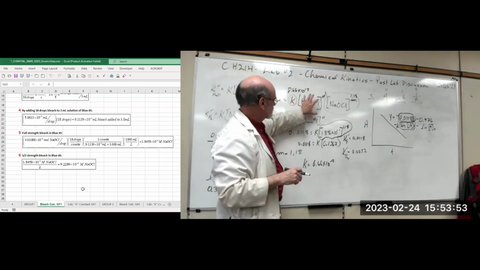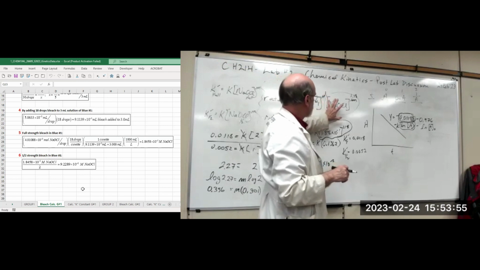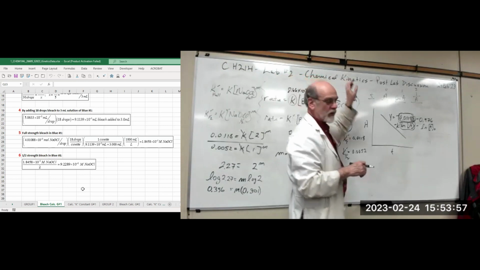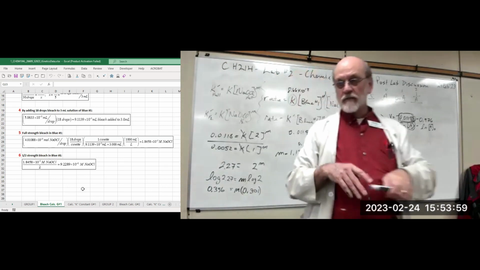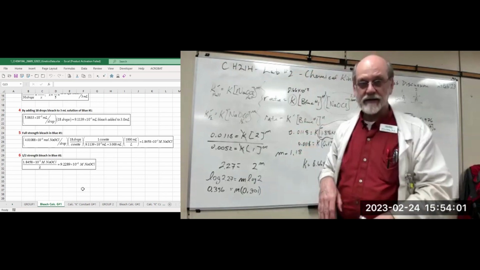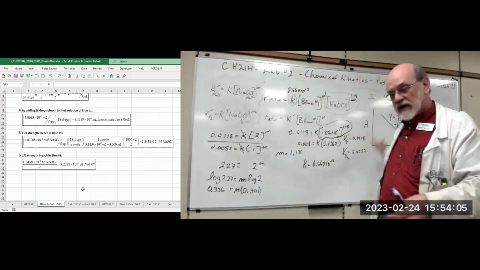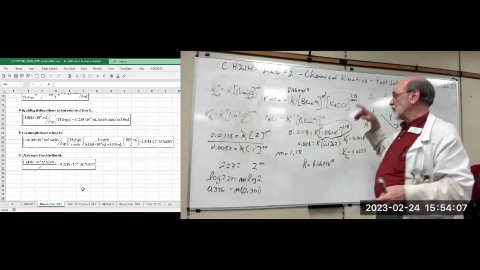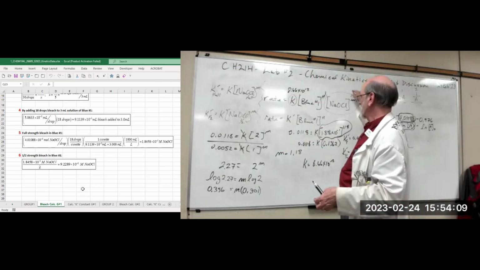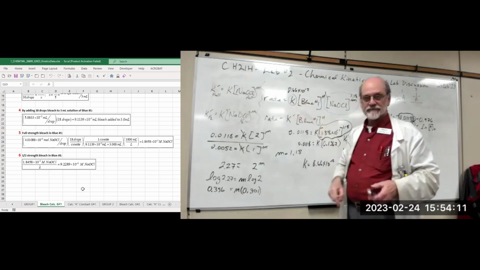This is K times blue to the 1 power times sodium hypochlorite to the 1.18 power. For this example, you'll have to use your real numbers to get there, but that's the process for determining both the orders and the K.